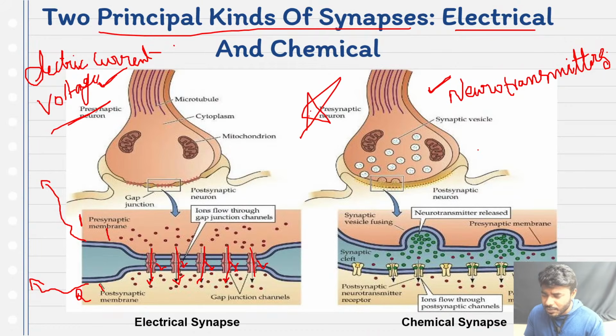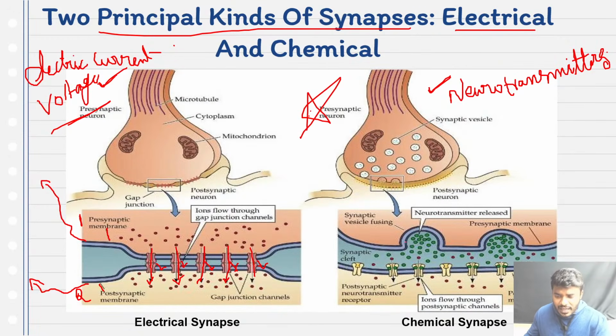For many kinds of responses, we require the movement of ions. For example, if I am moving my muscle, there is a compulsory requirement of flow of ions, which can be mediated exclusively by this particular neurotransmitter.